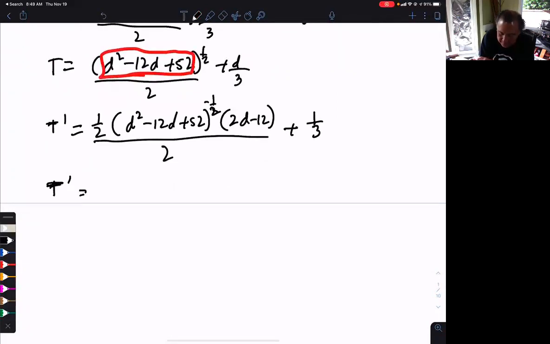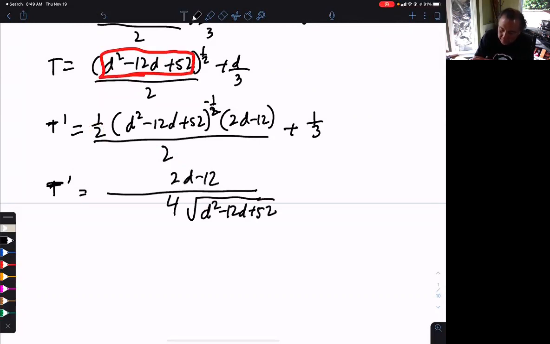The derivative of t is, on the bottom, we have 2 on the bottom and another 2 on the bottom, so that puts 4 on the bottom. This is a negative, so that's on the bottom. And this 2d minus 12 here, that's on top, plus 1/3.